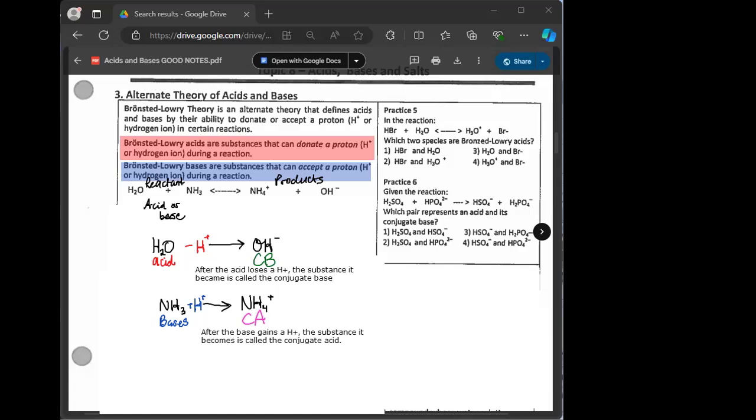For number 5, it's going to be 2. Yes, good. And for number 6, I was thinking number 1. Yes. Yeah, perfect.